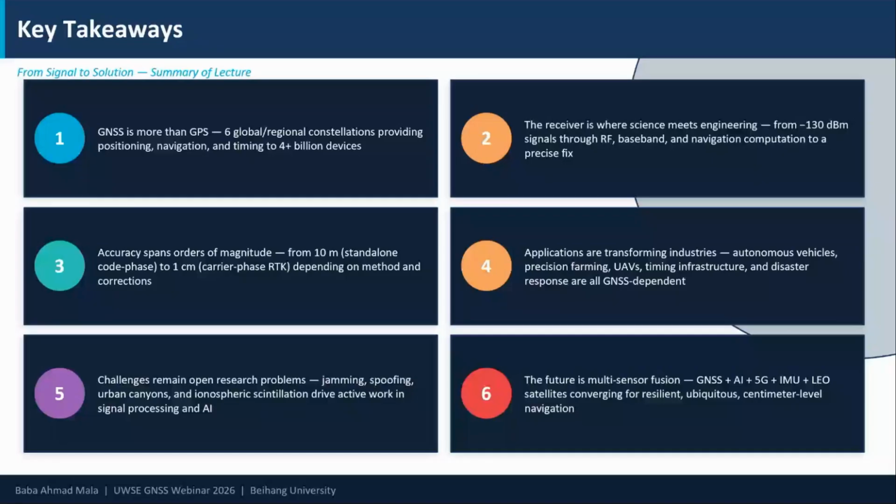We saw that the receiver is the critical piece of engineering for the technology we are using. It's a sophisticated pipeline that takes a signal buried in noise and extracts a precise fix. We learned that accuracy isn't a single number. It spans orders of magnitude, from 10 meters with basic code phase to 1 centimeter with carrier phase techniques like RTK.